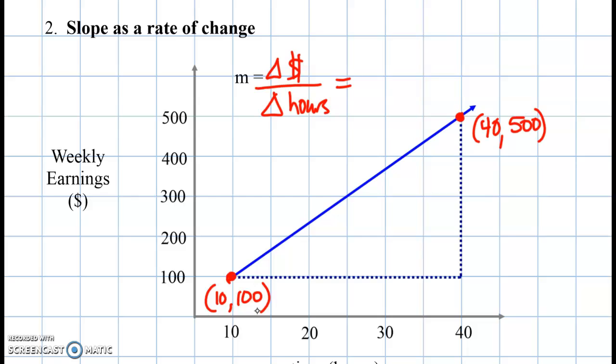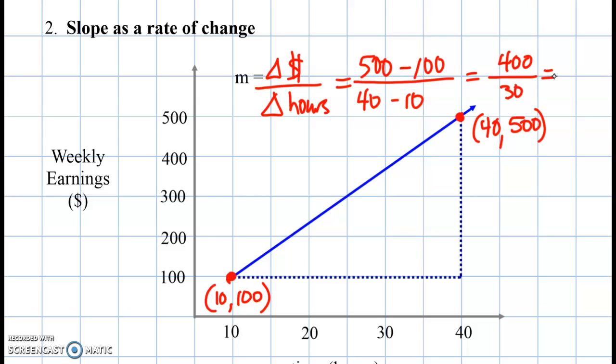What's the slope here, or what is the rate of change? Okay, well, the change in the money, 500 subtract 100. The change in the hours, 40 subtract 10. We've got 400 over 30, which if you find the decimal, then you can do the division and you'll get a rate of change that represents this graph.